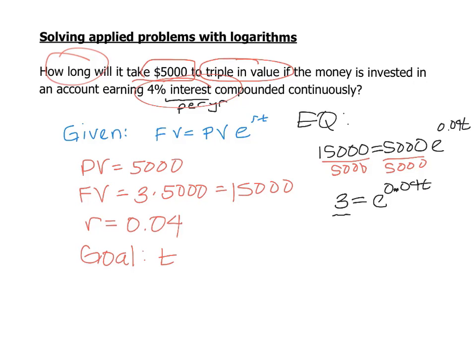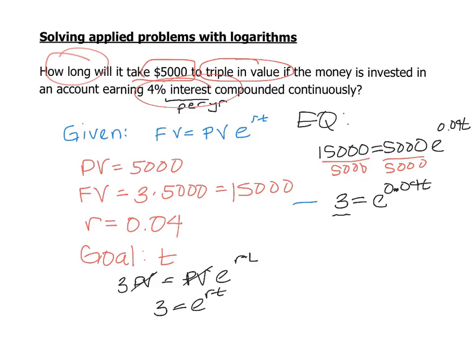It tripled in value. So if we started out with a present value of whatever, and then it ends up tripling, we'd have 3 times our present value. And when you divide out that present value, you just get 3 equals e to the RT. So it doesn't matter what you start with, the time is still going to be the same.